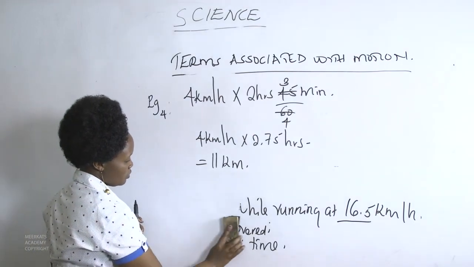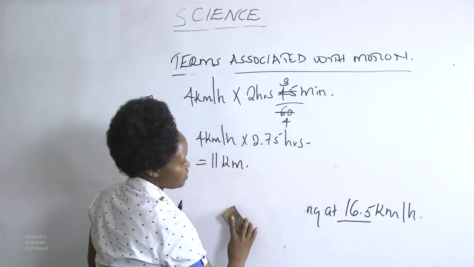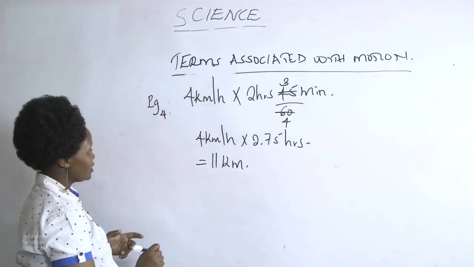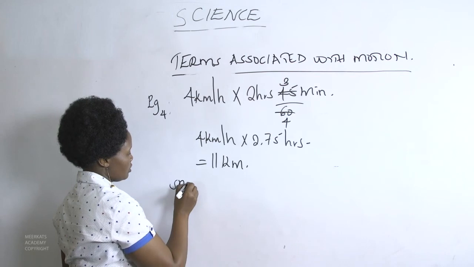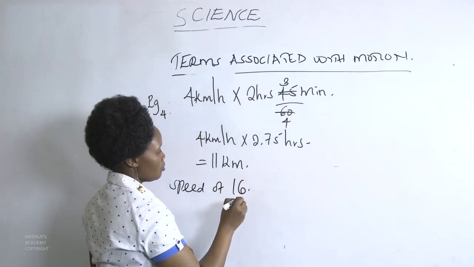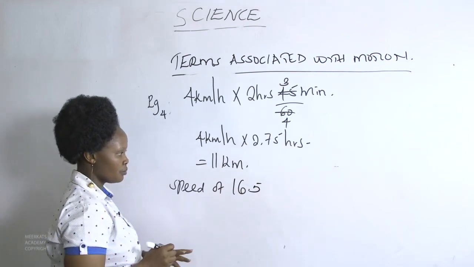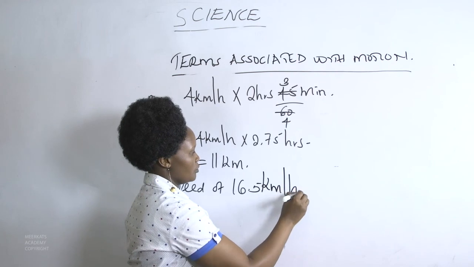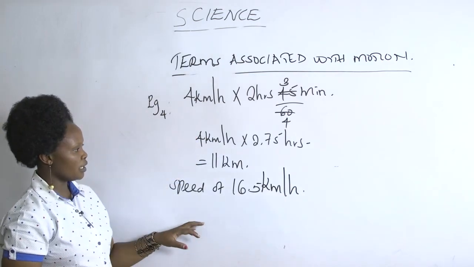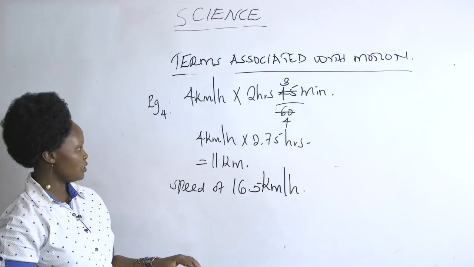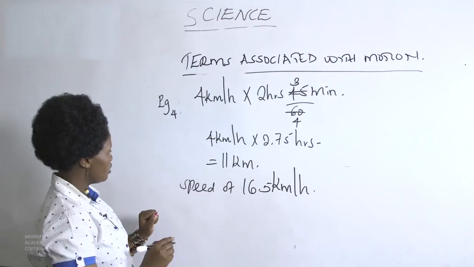Therefore, if the man runs through the 11 kilometers at a speed of 16.5 kilometers per hour, what will be the time he will need to cover the same distance?